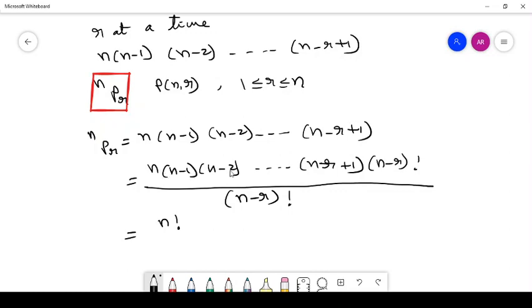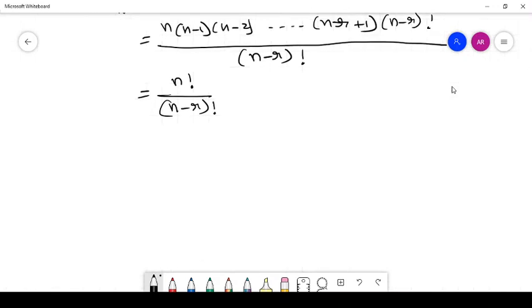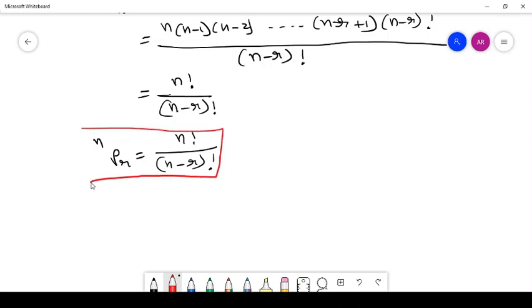You know that n into n minus 1 up to n minus r plus 1, into n minus r factorial, is n factorial. So the formula for nPr is n factorial by n minus r factorial.